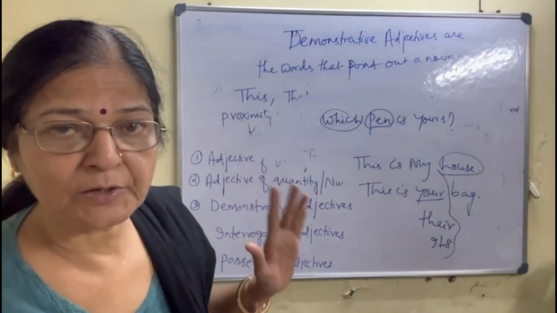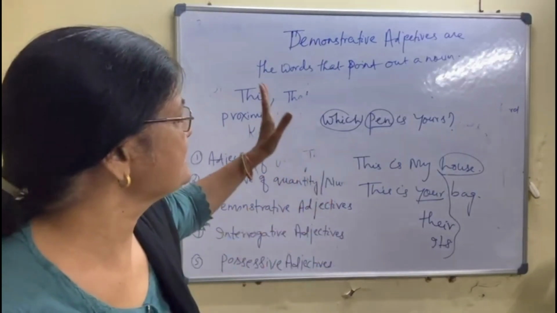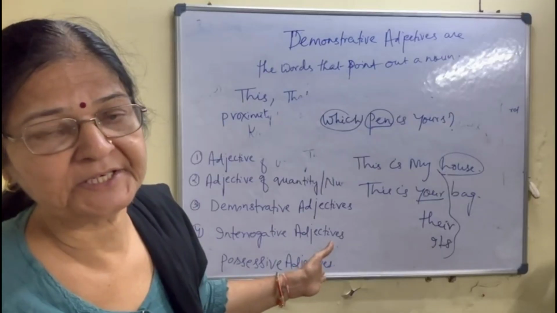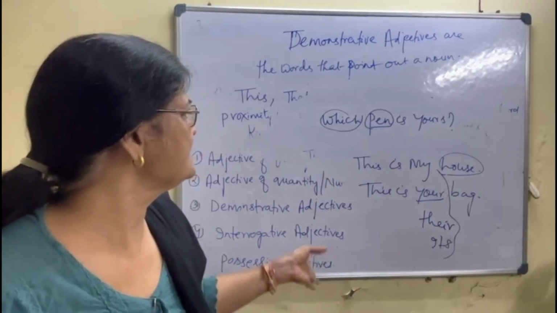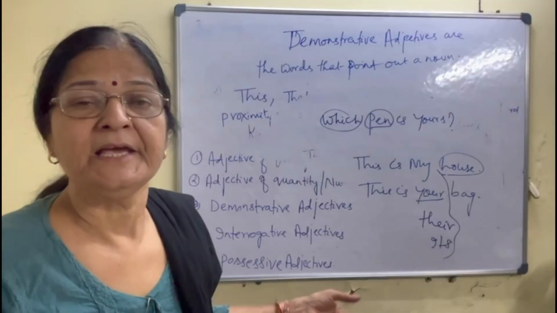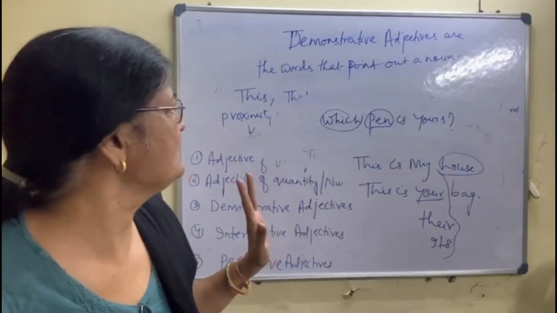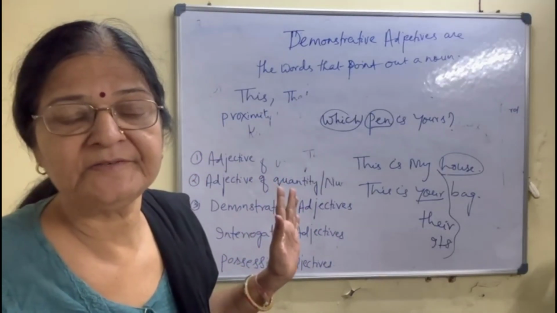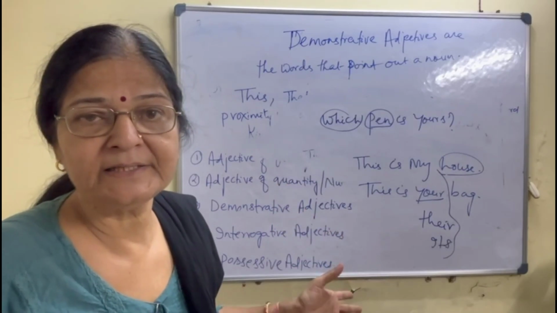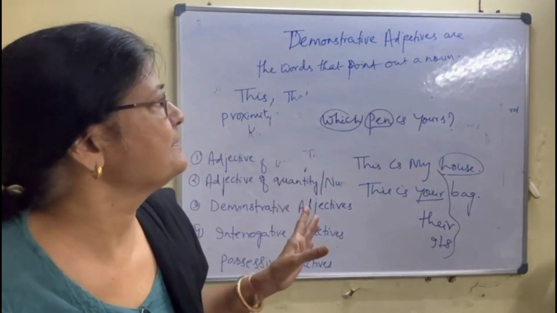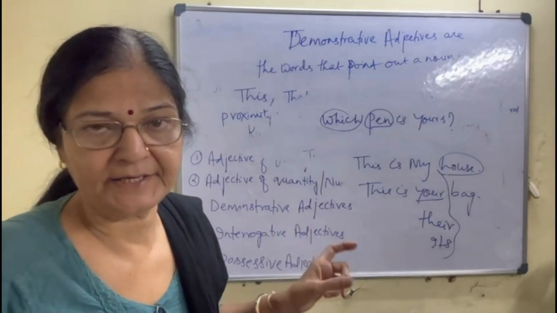This is the first video on adjective, which simply deals with what an adjective is and the types of adjectives. In our next video, we shall deal more with adjectives, that is the degrees of comparison, the articles, etc., which come under the heading adjectives.